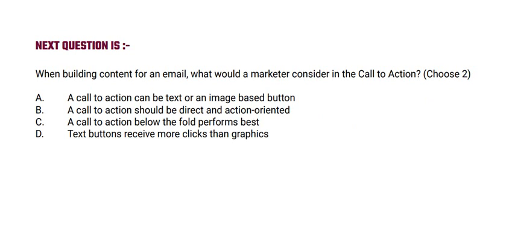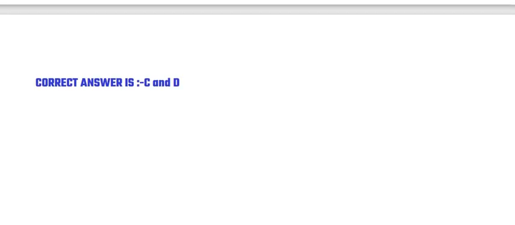Choose two options, and the options are: option A, a call to action can be text or an image based button; option B, a call to action should be direct and action oriented; option C, a call to action below the fold performs best; and option D, text buttons receive more clicks than graphics. The correct option is option C and D.